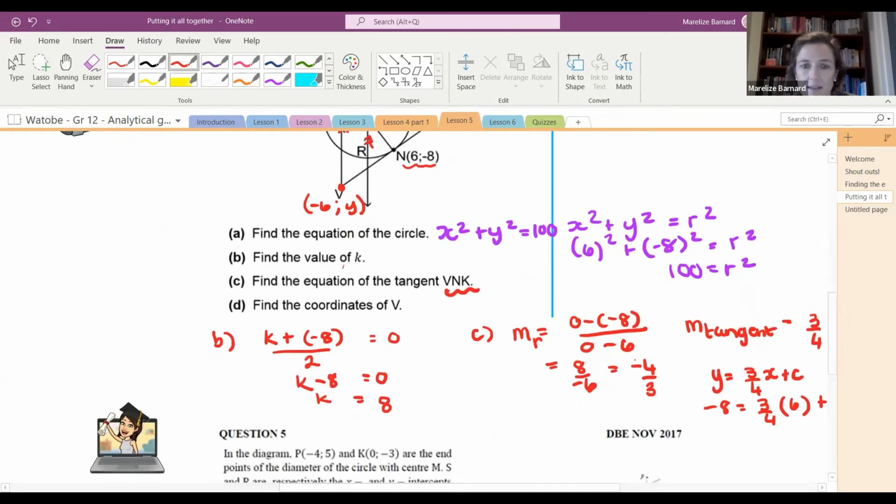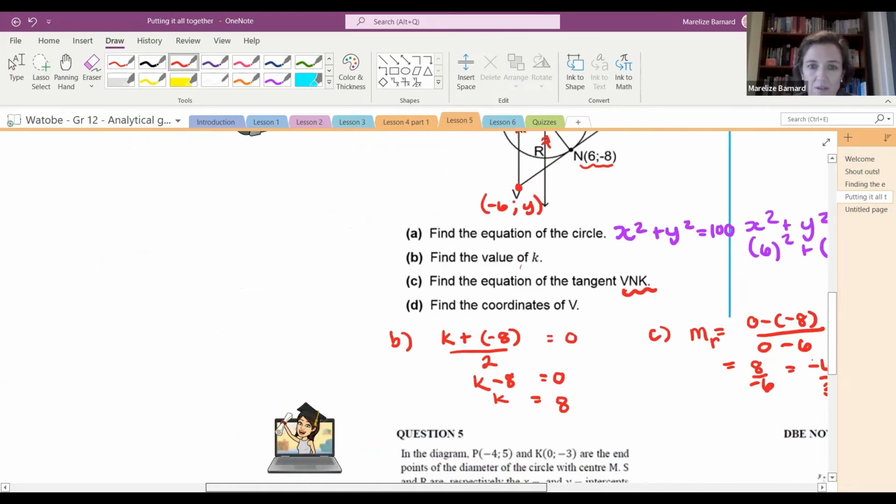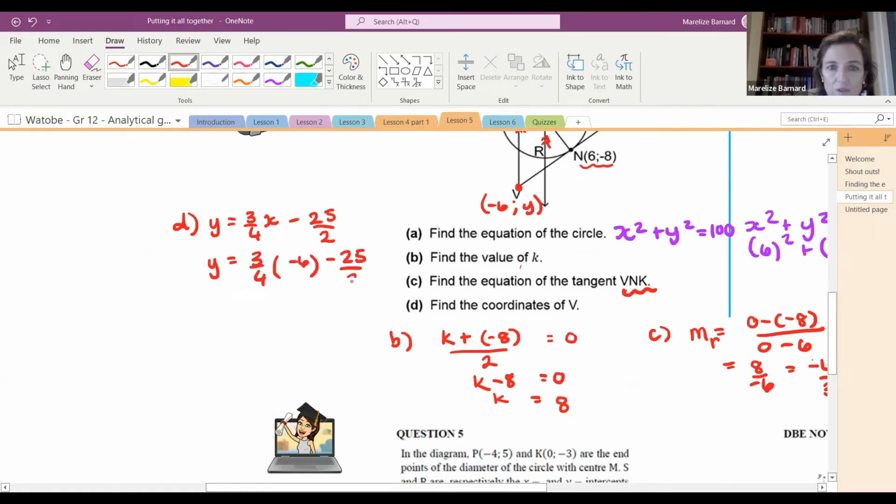Question D. So our line was y equals 3 over 4x minus 25 over 2. Our x coordinate we sub in, that's -6, minus 25 over 2.